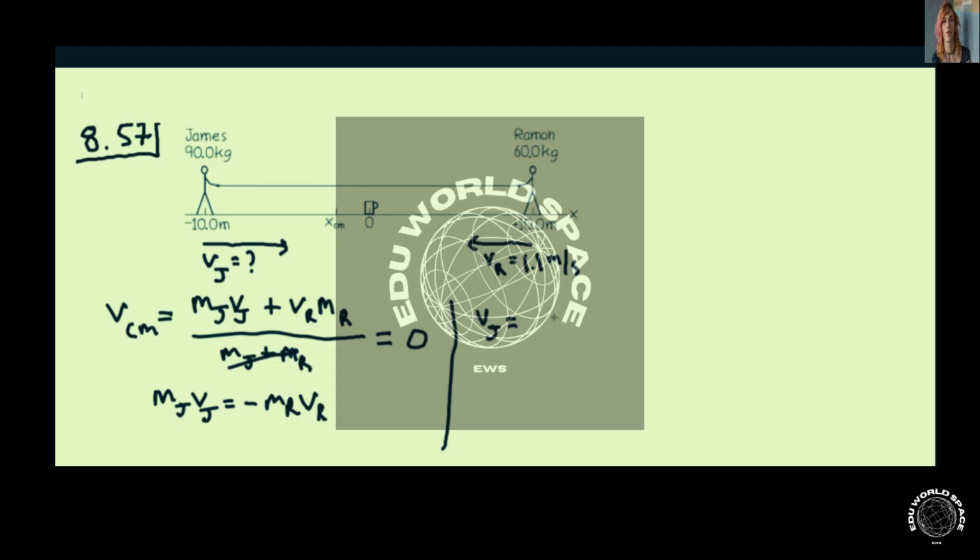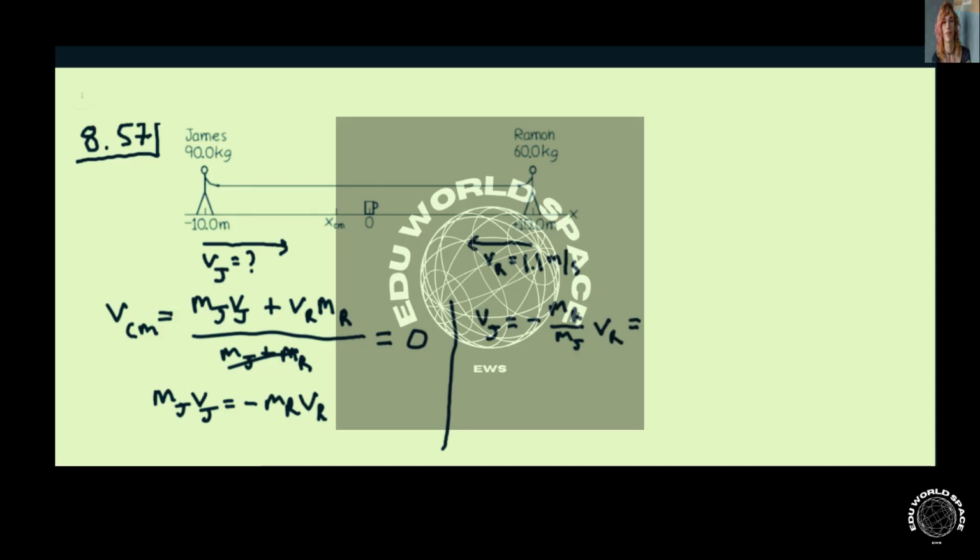So the speed of James is going to be the negative of the ratio of their masses times the speed that Ramon set himself off going at. And if we say that this is the positive x direction, it doesn't really matter. And in fact, this is already the positive x direction.